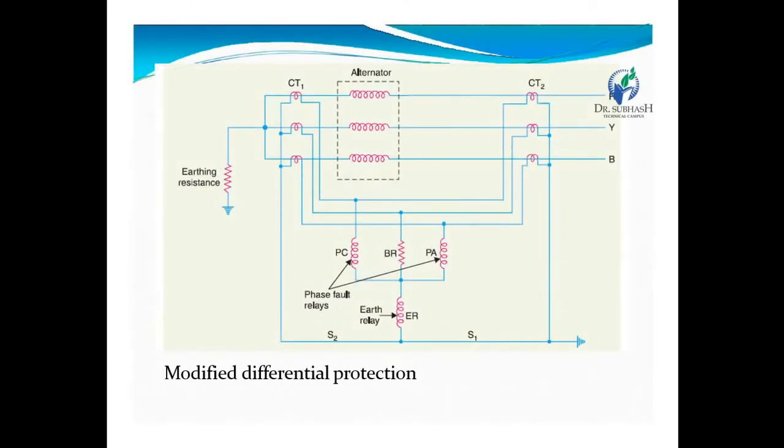You can see in the figure where PC and PA are connected with the BR and the earth relay is connected in a star. So when the remaining 10% unprotected winding has some fault, this balancing resistor BR will sense that fault and the earth relay will operate.